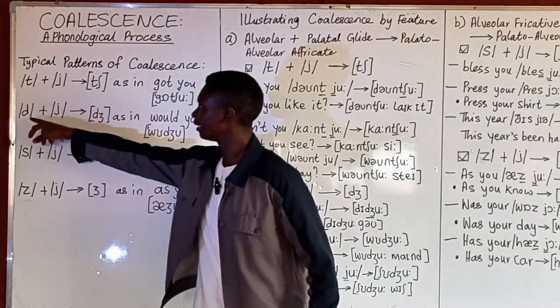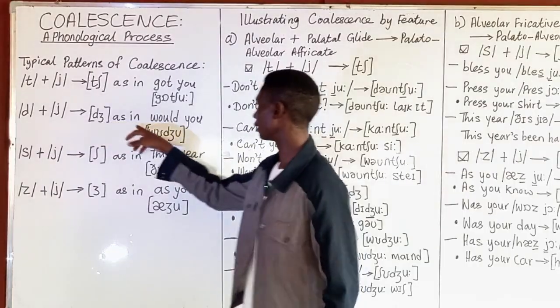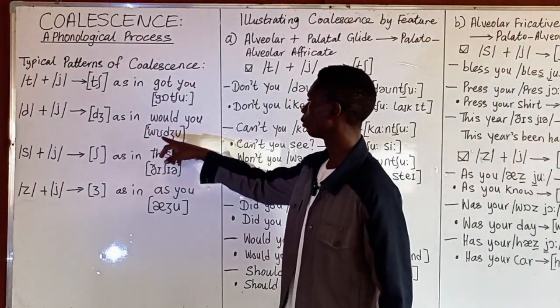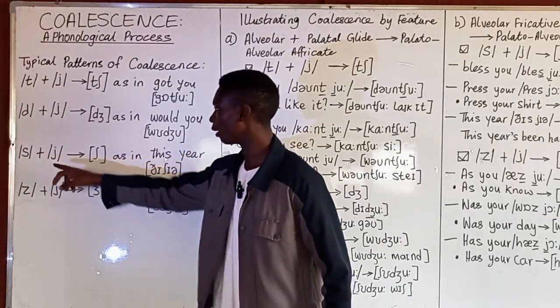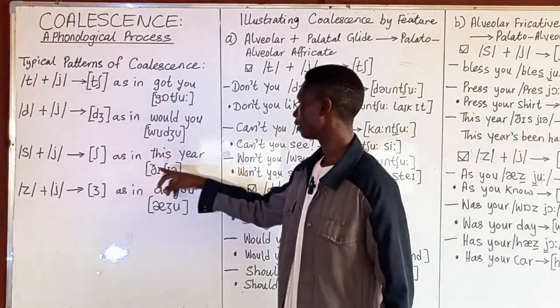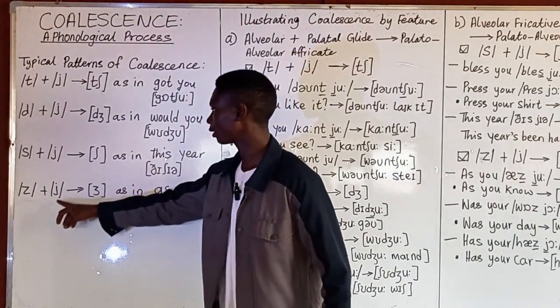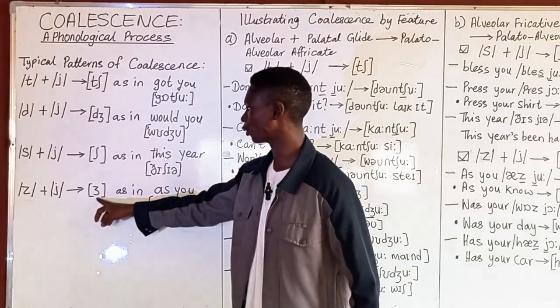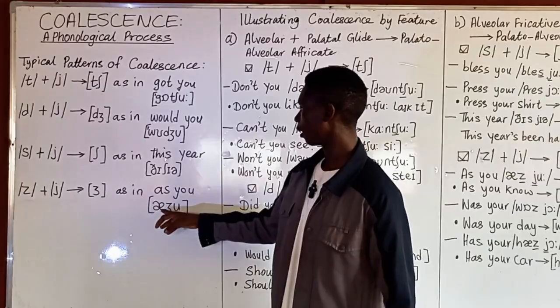Then D plus Y will give us J, as in "would you." Again, S plus Y will give us sh, as in "this year." We have also Z plus Y, which will give us the voiced form of sh, as in "as you."